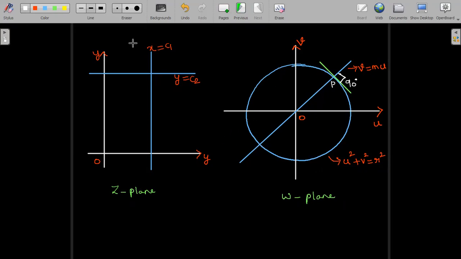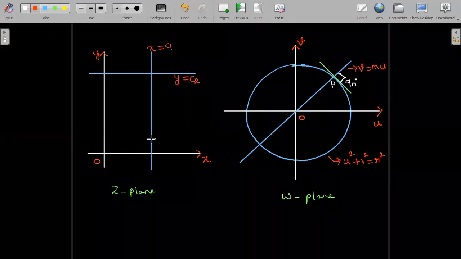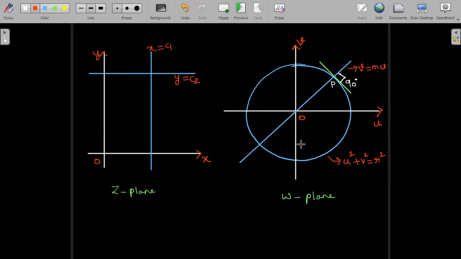The circle equation is given by u square plus v square is equal to r square. Similarly, the straight line y is equal to c2, parallel to the x-axis, is mapped onto a straight line passing through the origin, making an angle of 45 degrees with the u-axis in the w plane. That is v is equal to mu. Correct? We have already seen it on the previous page.